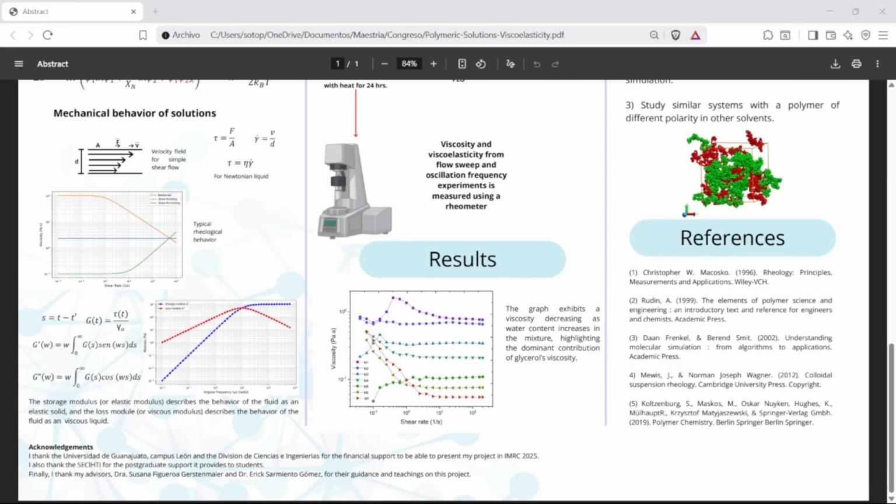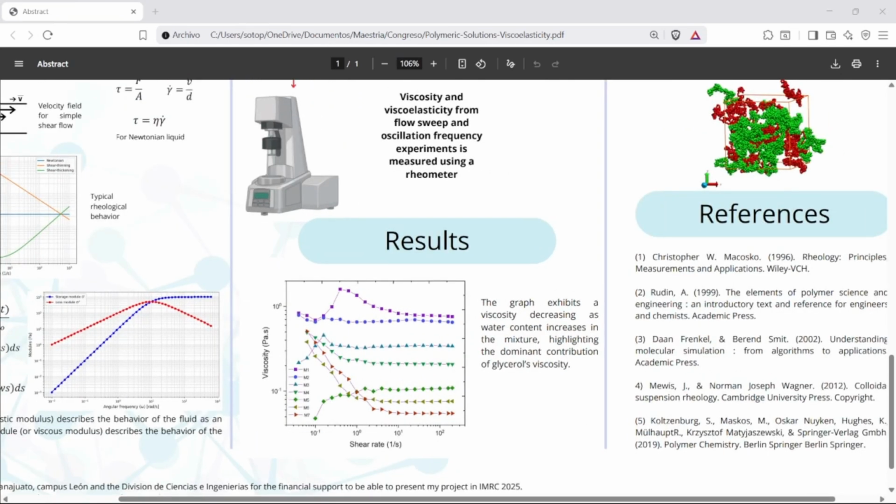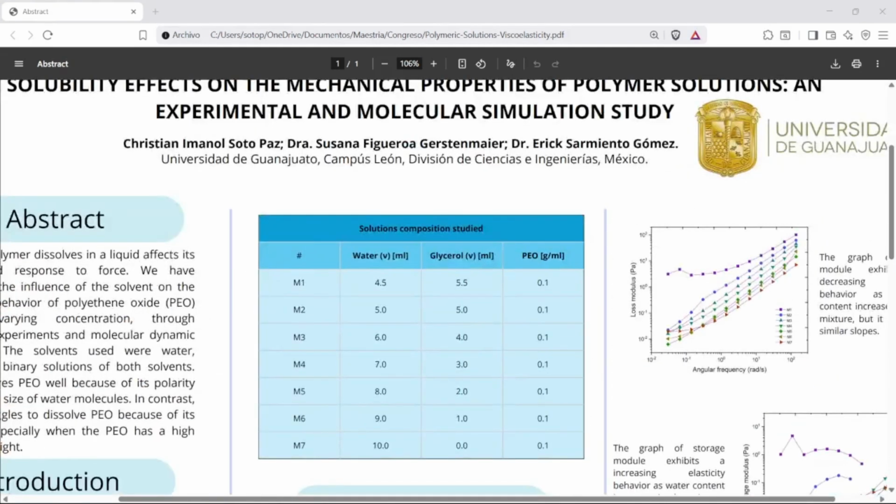In this graph, we see viscosity decreasing as water content increases in the mixture, highlighting the dominant contribution of glycerol viscosity. The purple line is for the first sample, which is 4.5 milliliters of water, and the rest is glycerol.